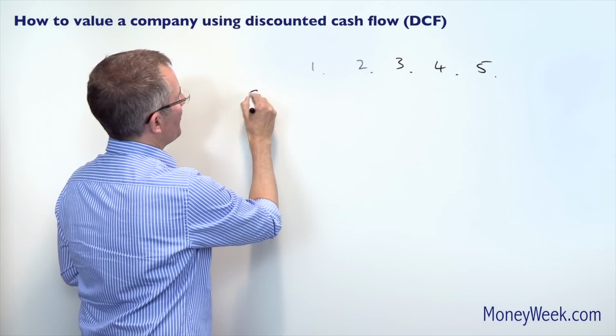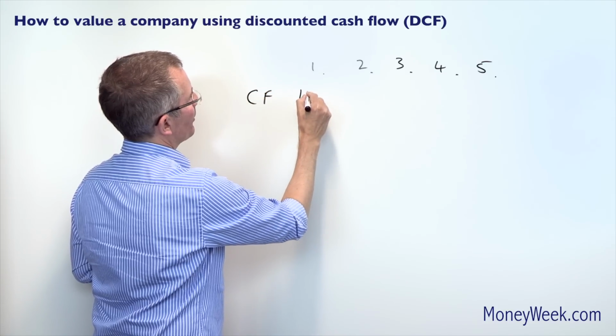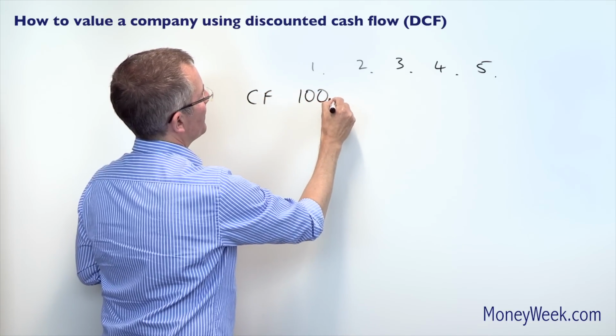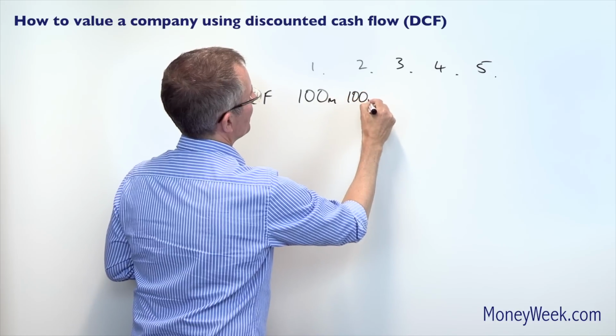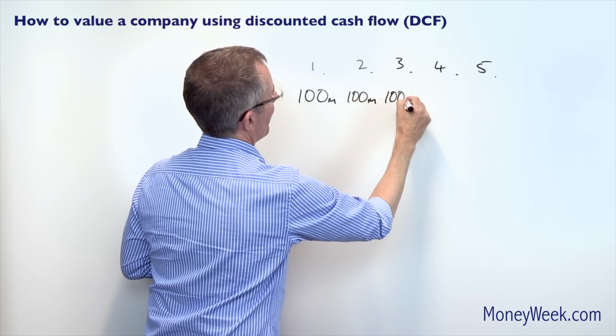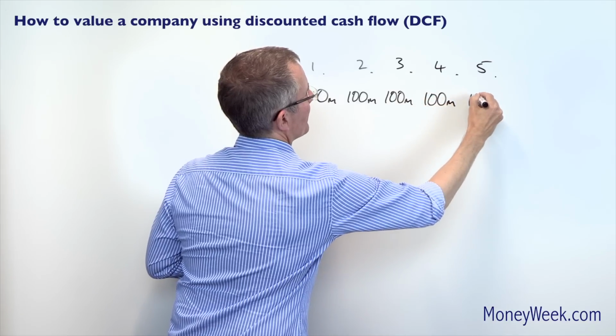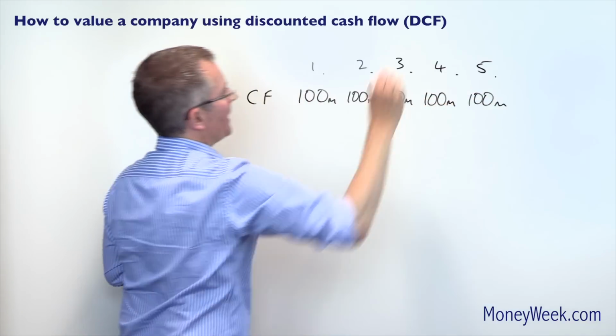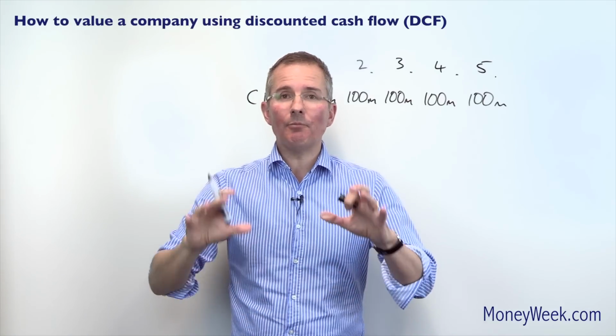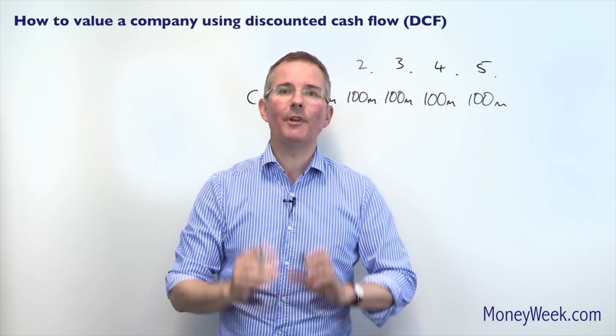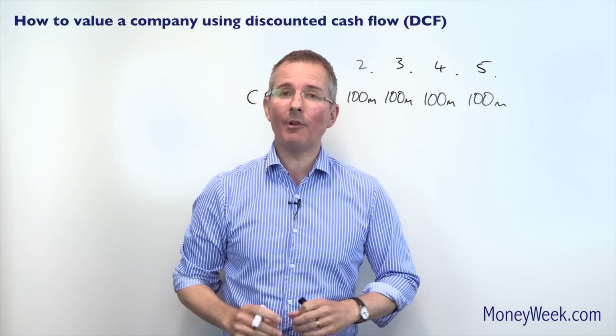Very simple example, the forecast cash flows are 100 million, 100 million. This is all in sterling, I won't keep writing the pound sign there, just get annoying after a while, 100 million and 100 million. All right, now it is a very simple example, just an introductory video. I can always do more later if there's demand.